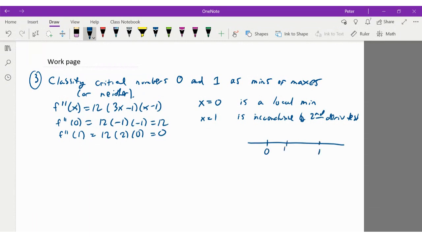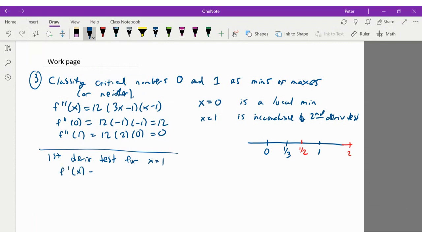We also had 1/3 as a transition point. What we want to do is I'm going to use 1/2 and 2 as the 2 test points on either side, and do the first derivative test for x equals 1.